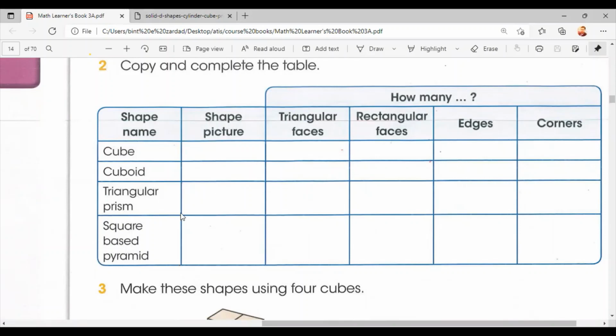Triangular prism also, and square base. In the base there is a square, and up it's like a pyramid. Okay, how many triangular faces? In cube and cuboid, 0. There are no triangular faces in cube and cuboid. So in both we can write here 0.